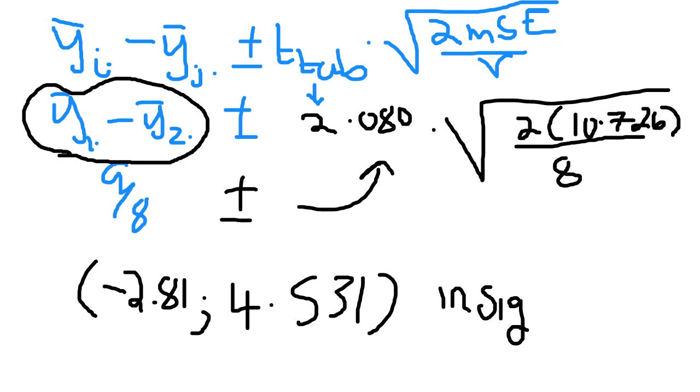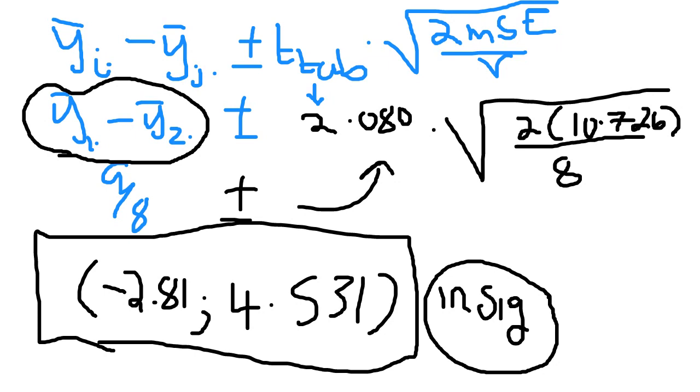So we can simply say what? Insignificant. What do you mean by this? You lost me. Can you repeat what you just said? If your confidence interval includes 0, it means the two means are the same.